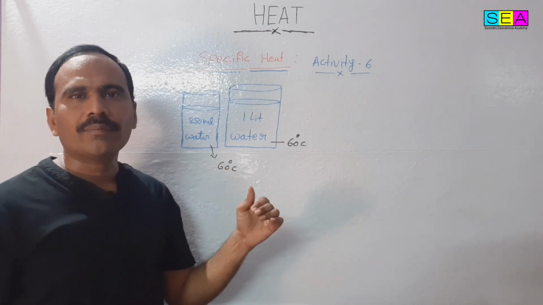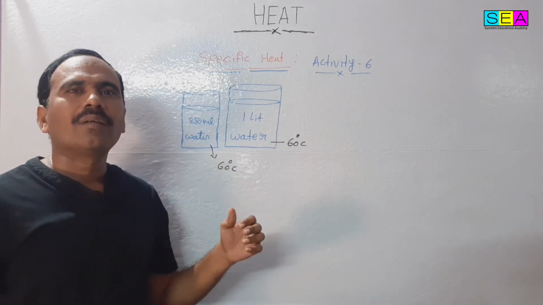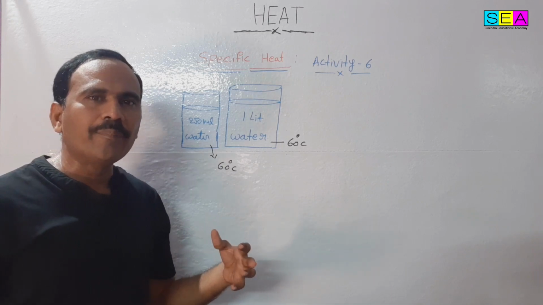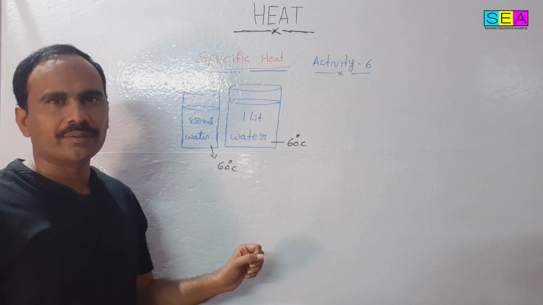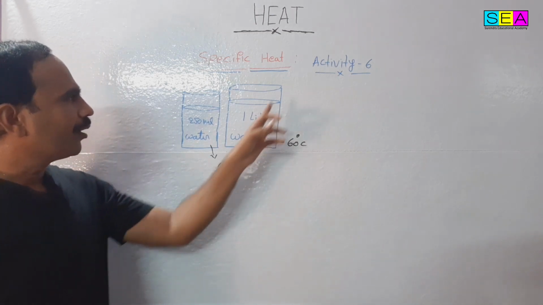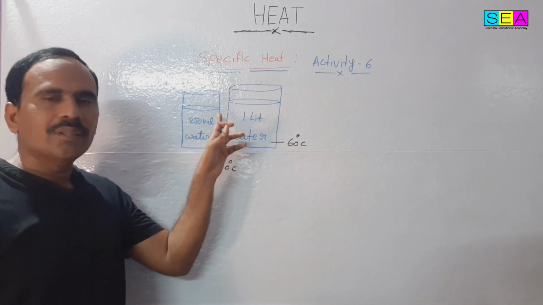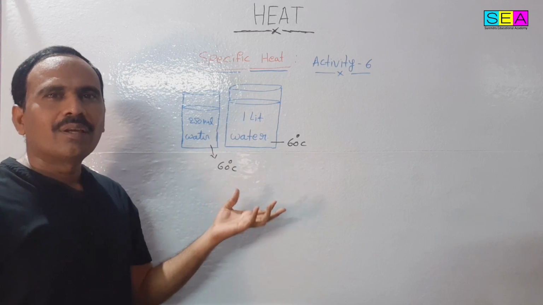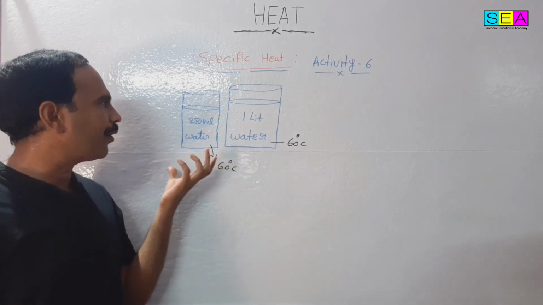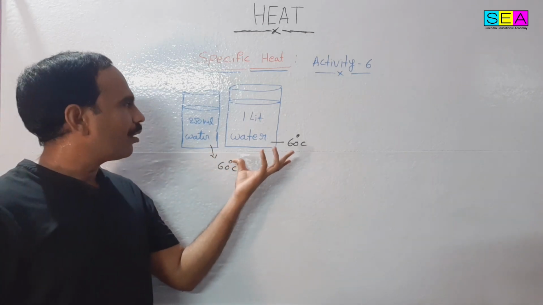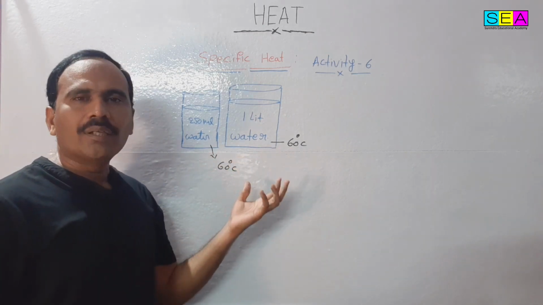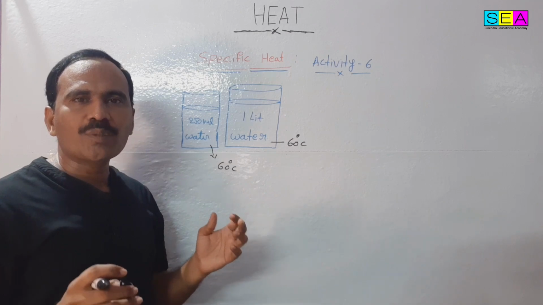In which beaker does it take a longer time to reach 60 degrees Celsius? Commonly, the water in the large beaker takes more time compared to the small beaker. In the large beaker, the quantity of water is more.